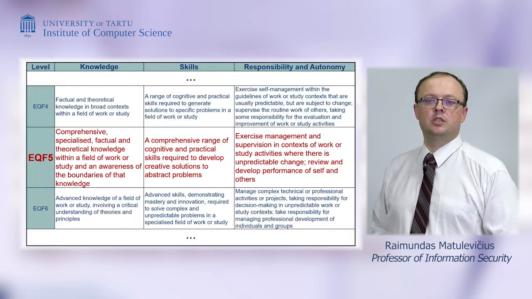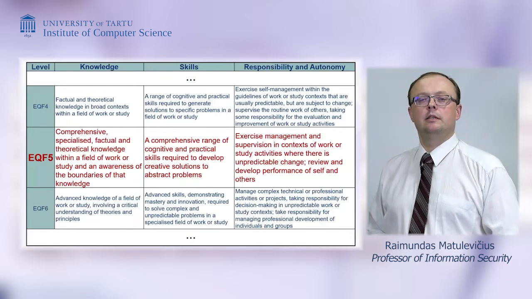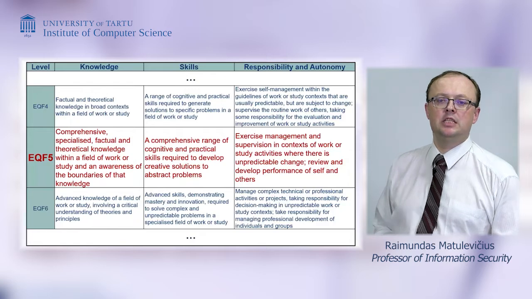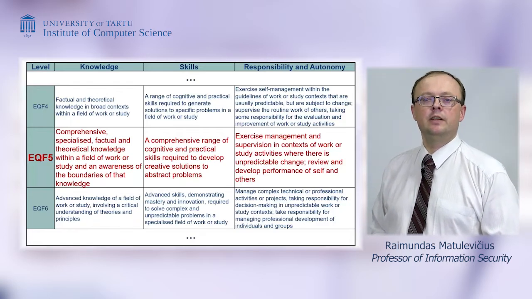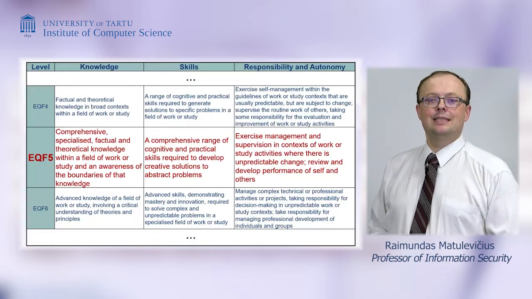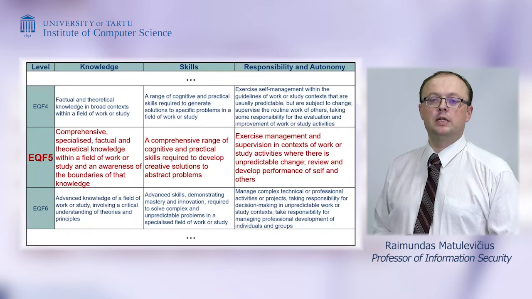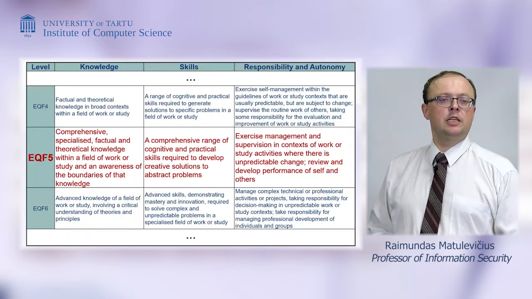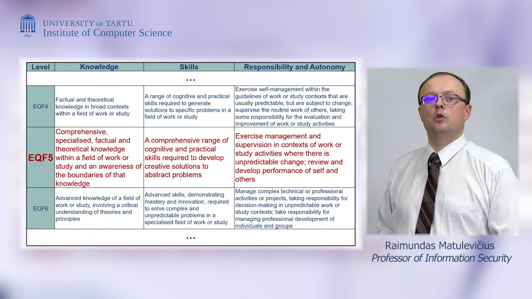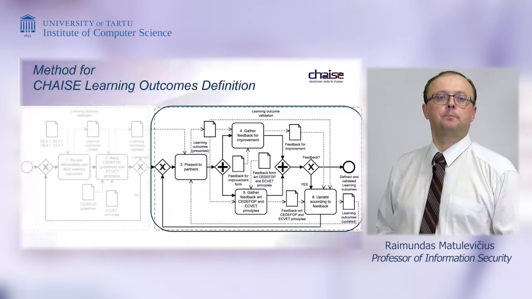And finally, responsibility and autonomy define how to exercise management and supervision in contexts of work or study activities where there is unpredictable change, and how to review and develop performance of self and others. So in the CHAISE project, we focus on the EQF 5.